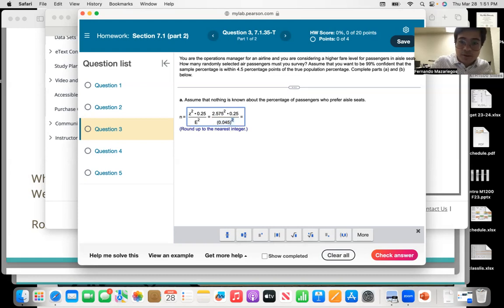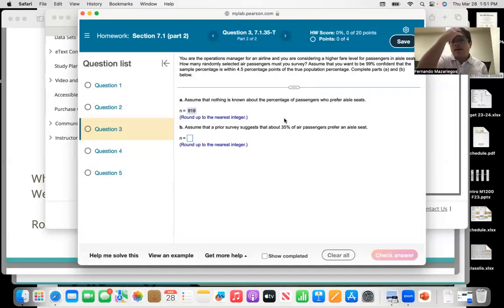So we get 818.595, etc. And remember, this is like an exception. Whenever we are calculating a sample size, we are always rounding up. So the answer should be 890.